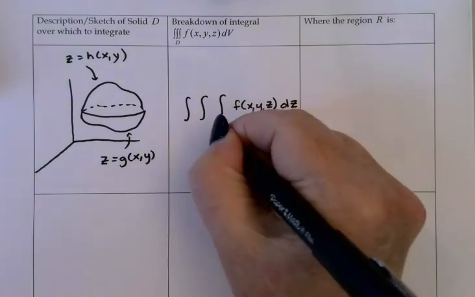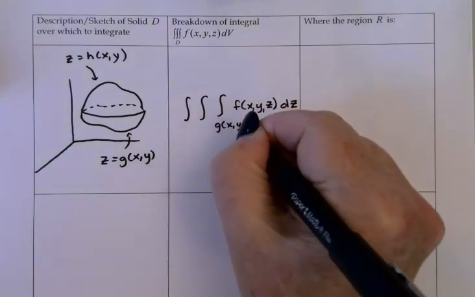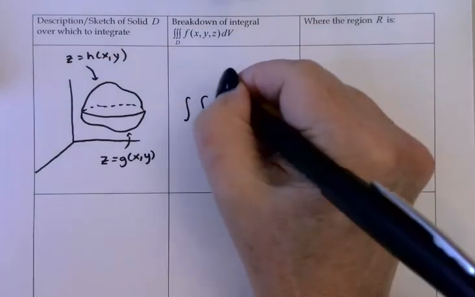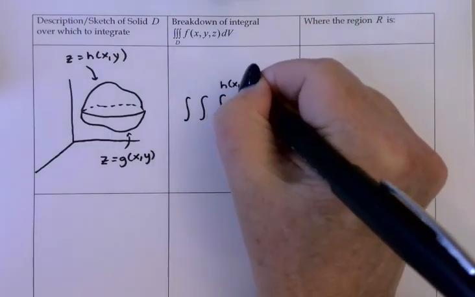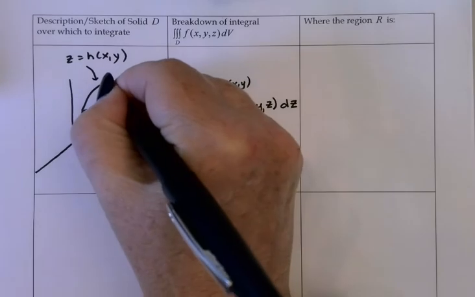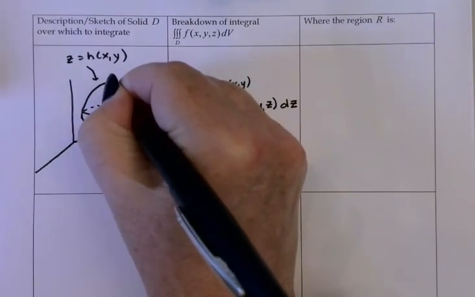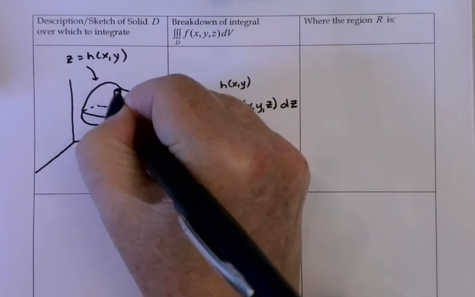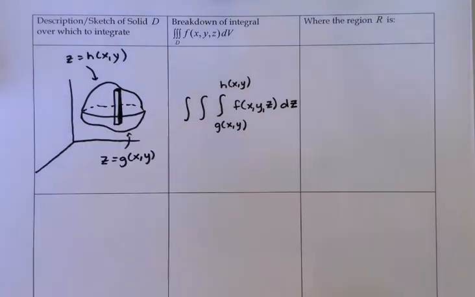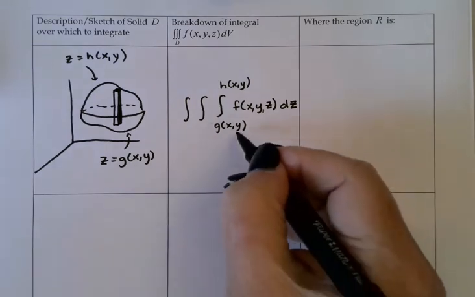The lower z value is g of x and y, and the upper z value is h of x and y. I'm imagining that I've got this little three-dimensional column between the lower surface and the upper surface. So I'm going from bottom to top.